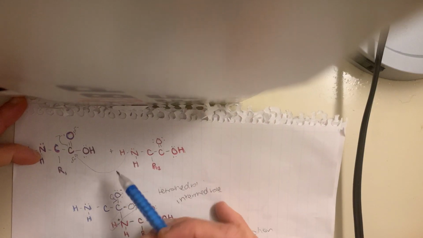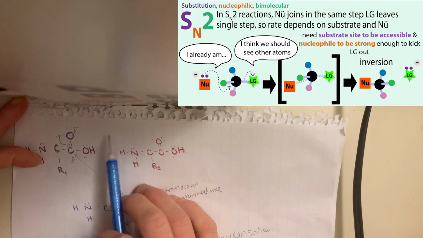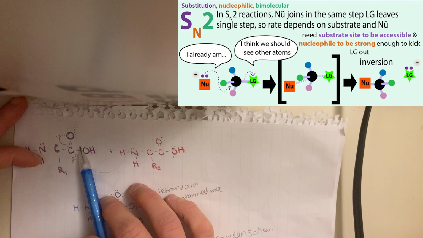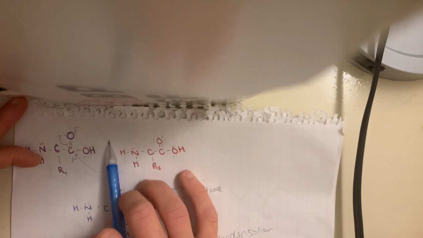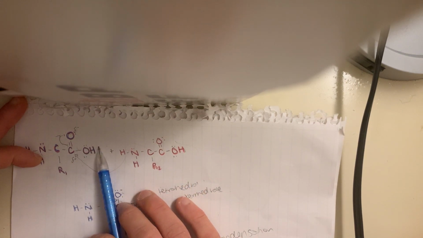Basically, we need to do a substitution reaction. We're going to substitute out this OH group for this part, but to do that requires this part to leave. So it's a leaving group, and OH is a bad leaving group. So when we do it in our bodies, we activate this by making a better leaving group.